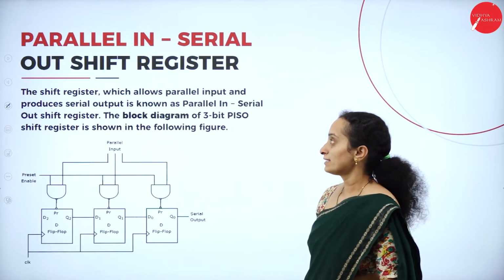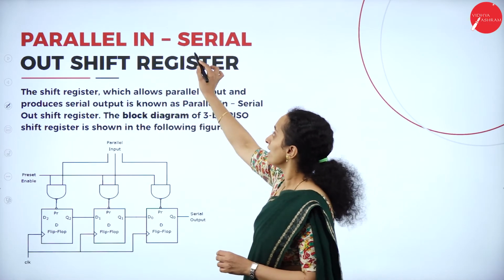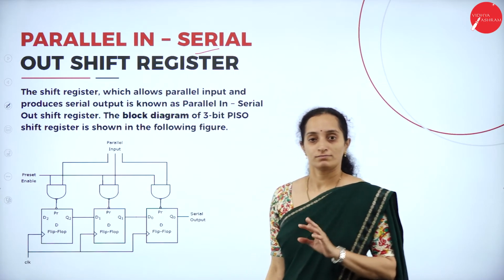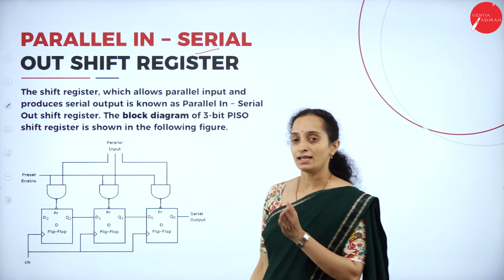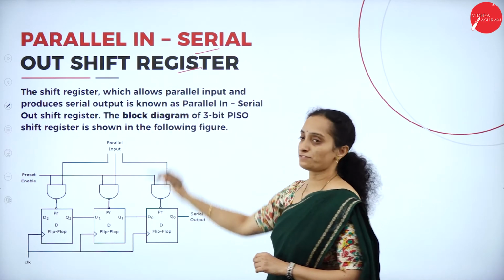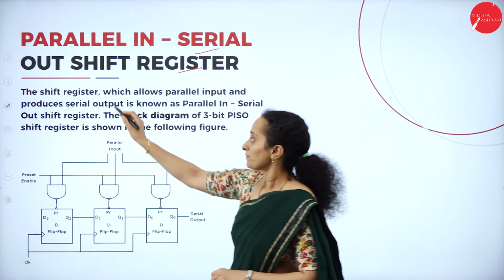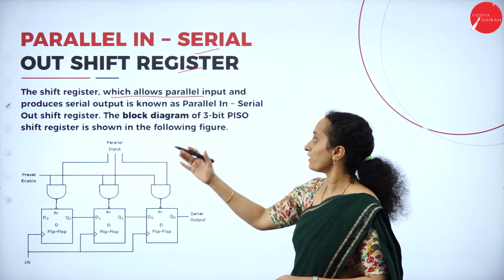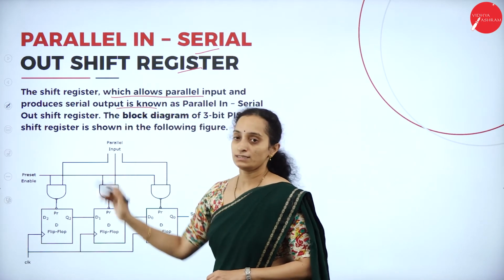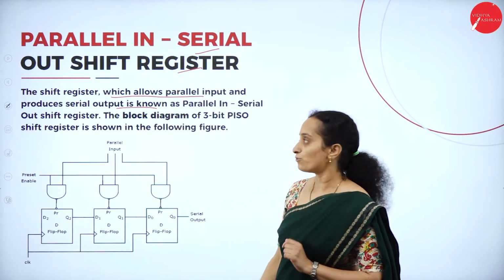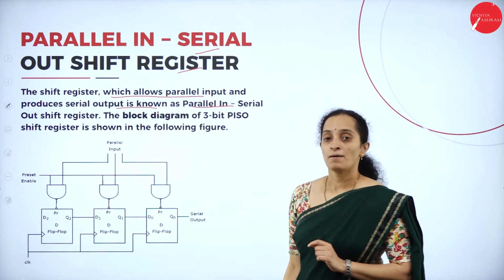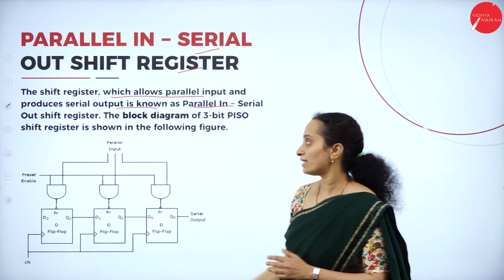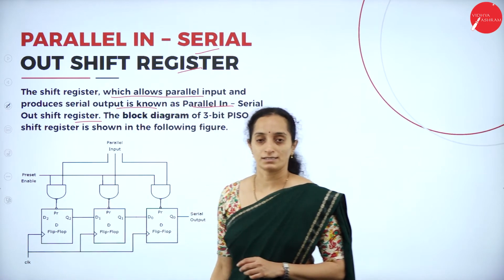Next is the parallel in, serial out. The reverse is the parallel in, serial out shift register. The shift register which allows the parallel type of input and produces a serial kind of output is known as the parallel in, serial out shift register.